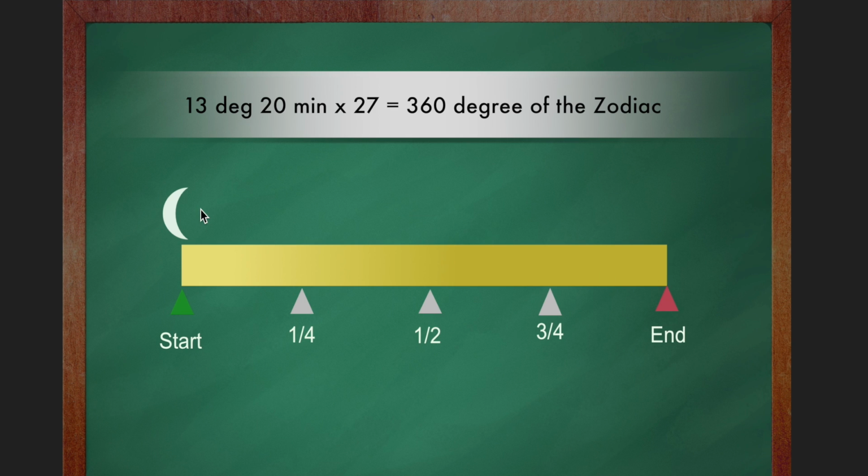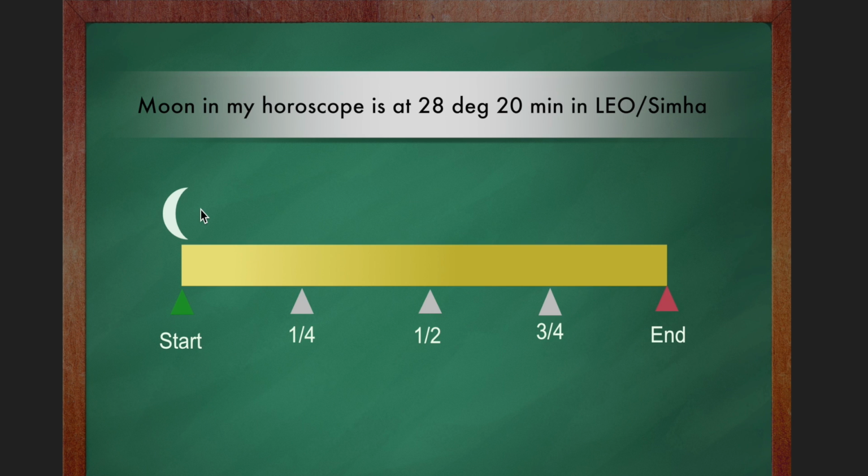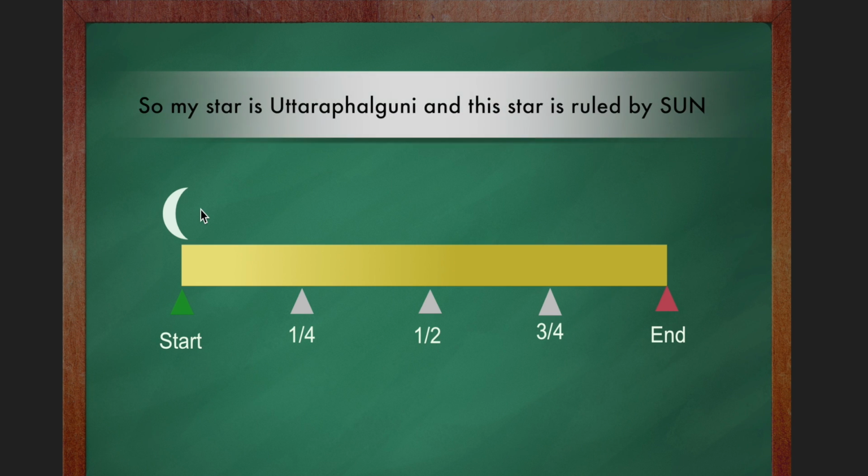So to do the Dasha balance, you must first know what is your nakshatra, because only then will you know what the actual balance is. In my horoscope, the moon is in Leo or Simha Rashi, and it is at 28 degrees and 20 minutes, making me an Uttara Falguni first pada person.